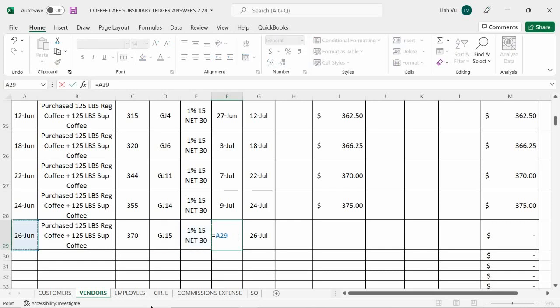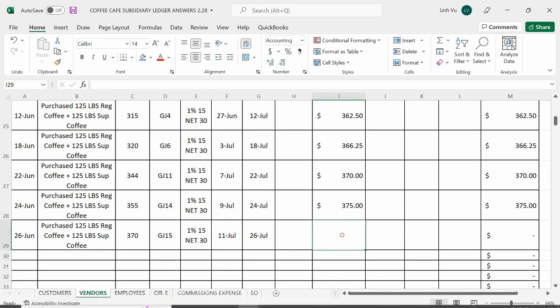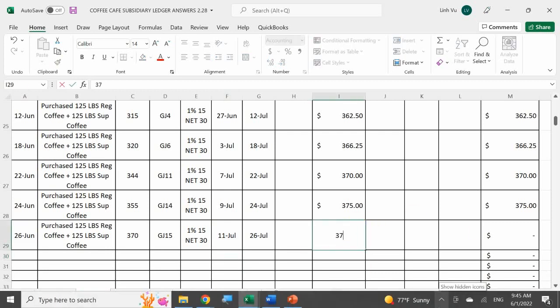What is 15 days from now? It is July 11th. 30 days from now is July 26th. And how much is the amount for? $372.50.